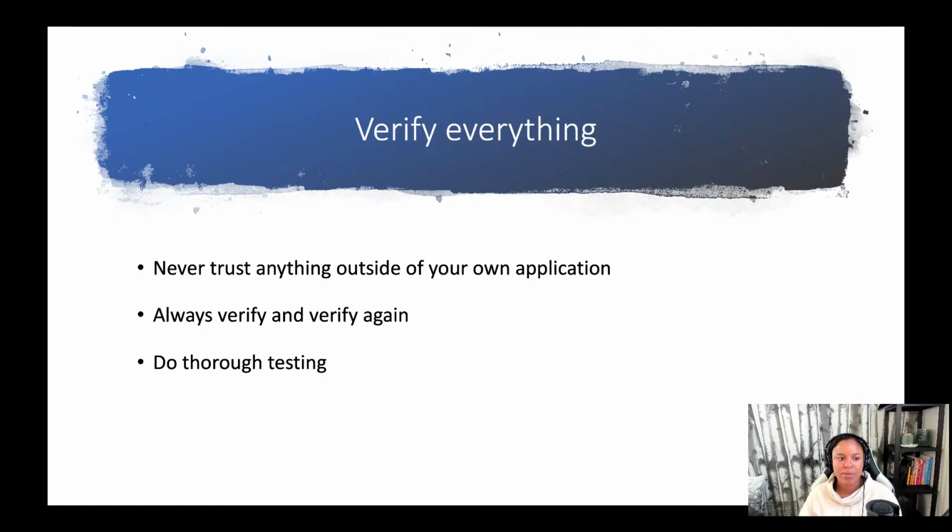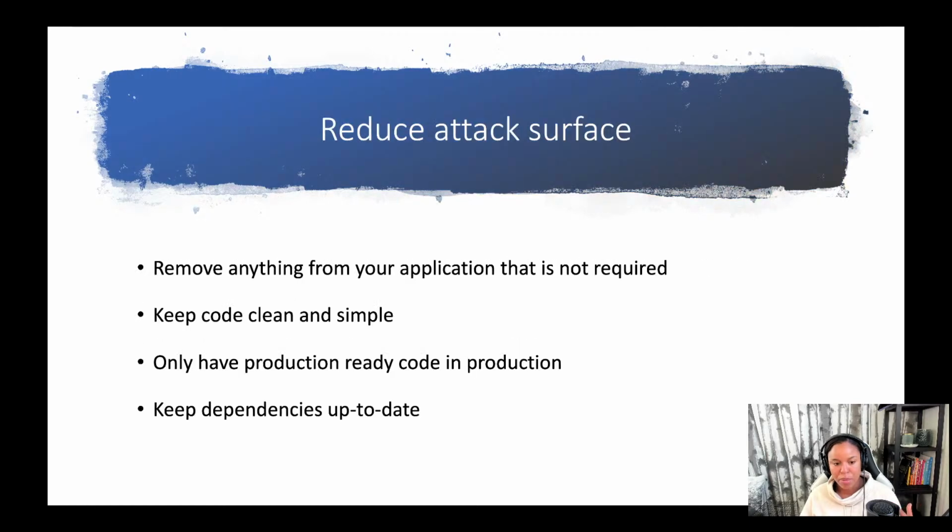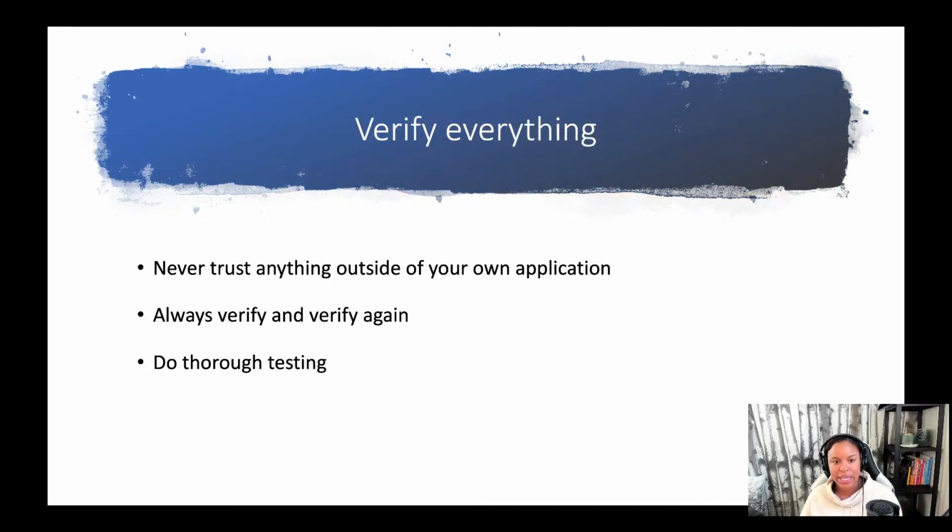So this can really go with some of the previous points that we brought up, even with thinking about how to store secrets appropriately and reducing attack surface, like anything outside your application. So thinking that if 30% of the application is the code that you write specifically, there are all of these other things like these dependencies, these APIs that you're using that you want to verify.